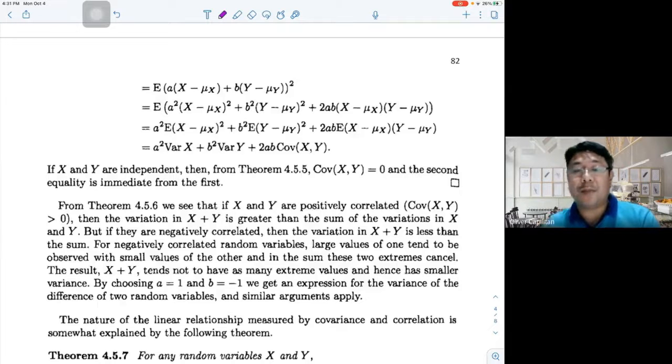That's why we have x plus y. The variance of x plus y will just be equal to the variance of x plus the variance of y according to the theorem, plus 2ab times the covariance of x and y.